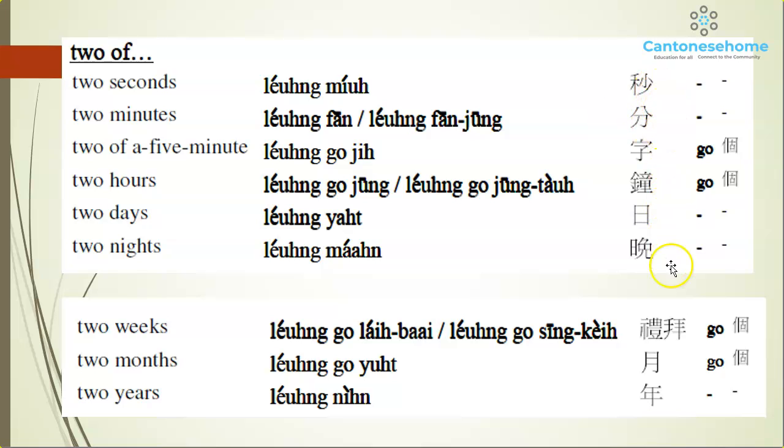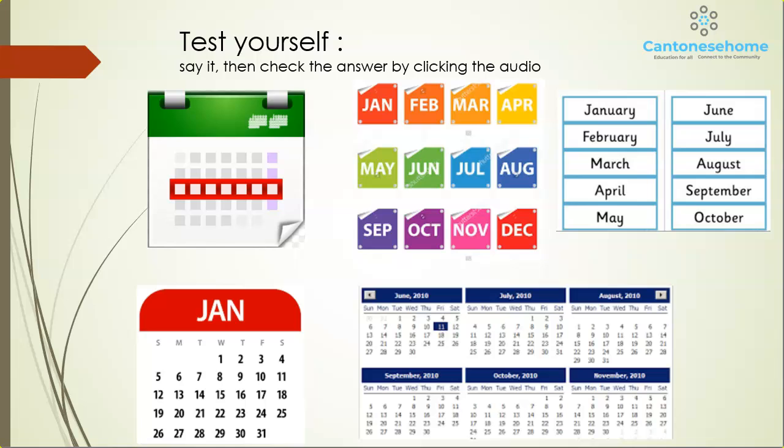So 秒, 分, 日, 晚, 年, if we use 10, okay? 10秒, 10分 or 10分鐘, 10日, 10晚, 10年. Test yourself. 好, 呢個係1個星期, you need 個. 12個月 or 1年. This one definitely 1 year as well. 1年, 1個月. This one is not 1個月, this one is month, 1月.